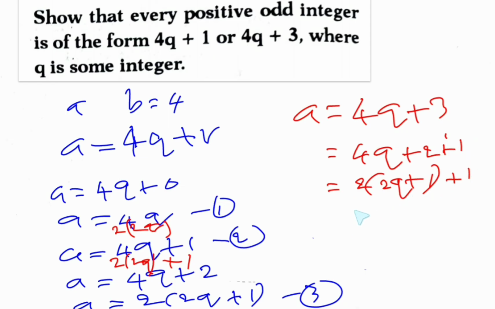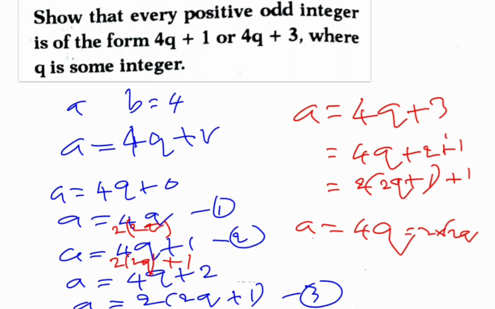However, since a is odd, a cannot be 4q. If a equals 4q, it is not an odd number, it is always an even number, which we can write as 2 into 2q.